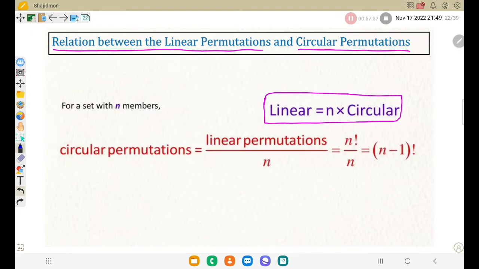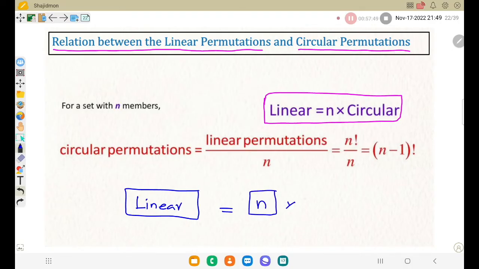So this rule you can see: linear permutation equals n, the total number of letters, multiplied by circular permutation.